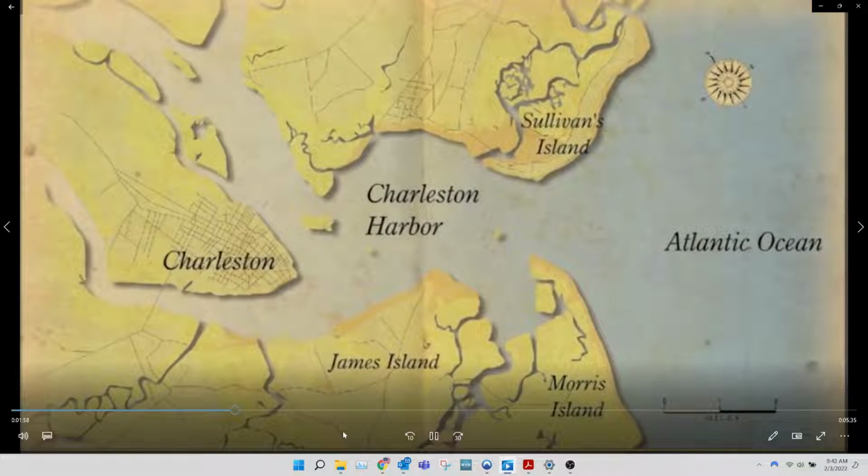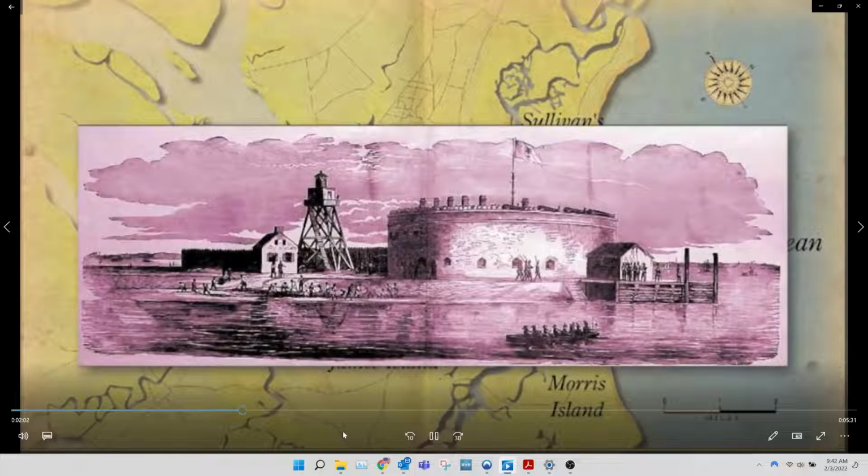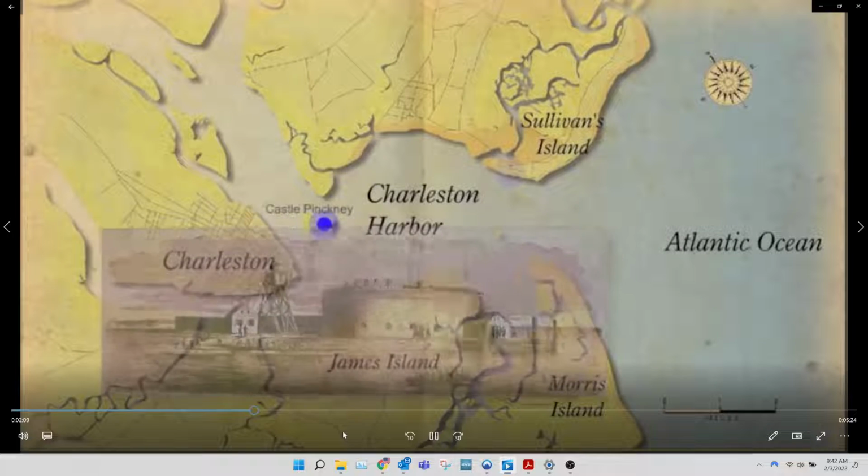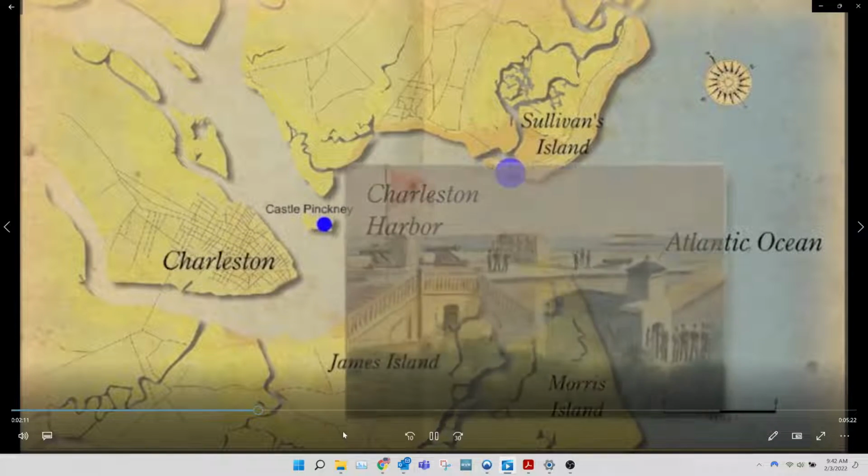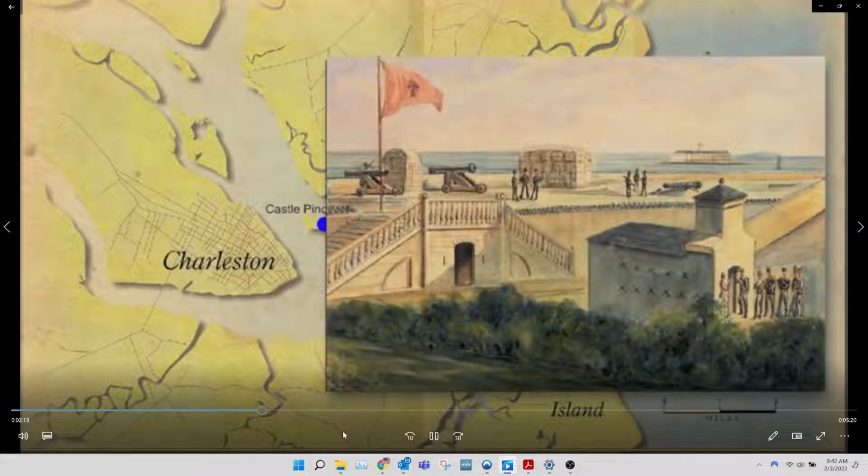Castle Pinckney was built in 1810 to provide for inner harbor defense. By 1860, it was in need of major repair, and its garrison consisted of only 2 people, a widowed sergeant and his teenage daughter. Fort Moultrie, first built in 1776, with succeeding forts built on the same site, was completed in 1809.